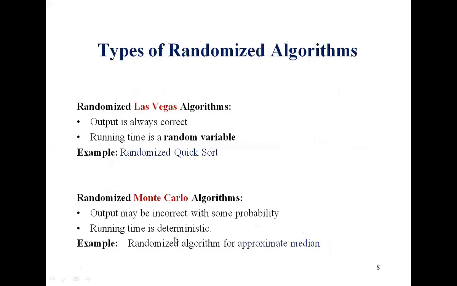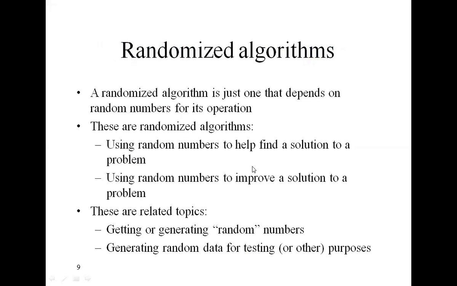For Monte Carlo algorithms, a good example is the randomized algorithm for approximate median. In the case of Las Vegas algorithm, the output is always correct. In the case of Monte Carlo algorithm, it may be incorrect sometimes. So here in our optimized randomized algorithm, we are using the Las Vegas algorithm.